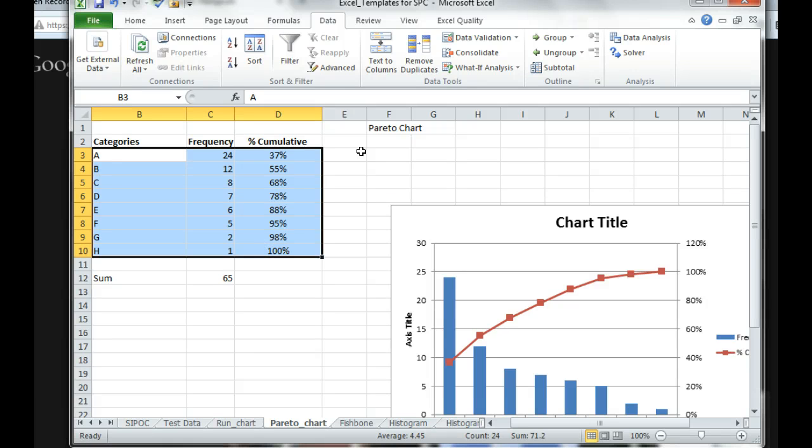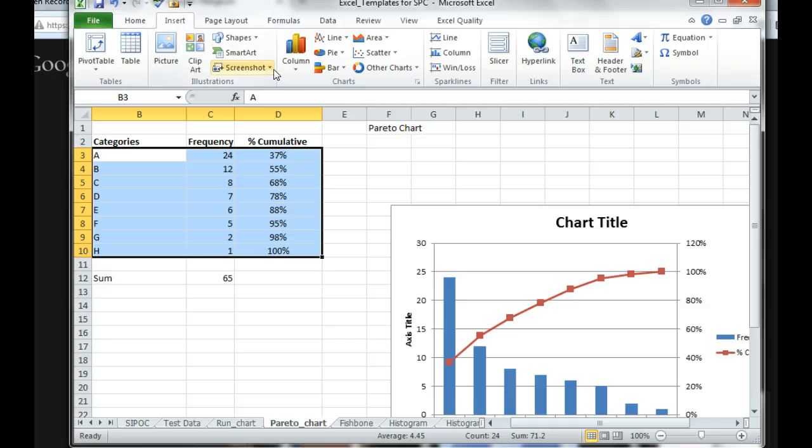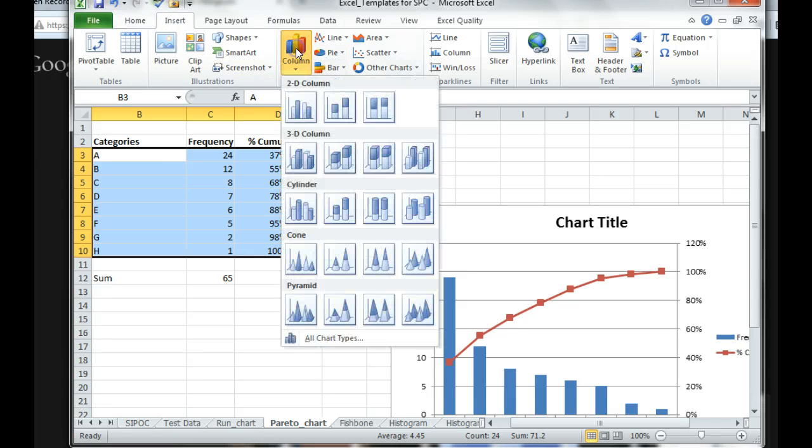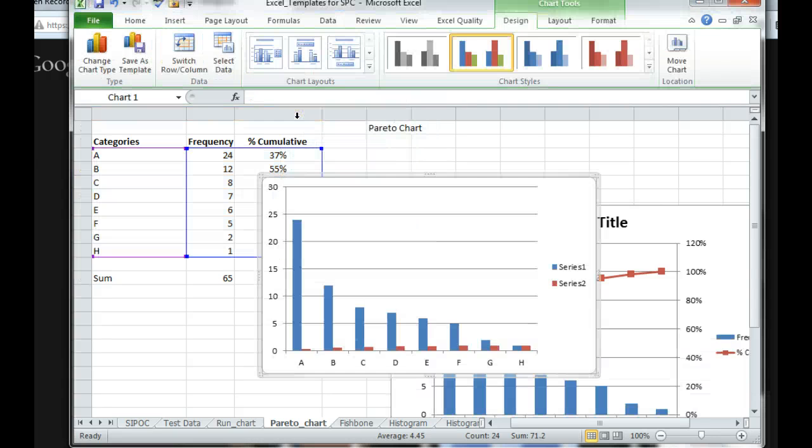So now I can highlight the data set, go to Insert again, and take the column chart, and I'm going to get this. Now we want the cumulative percentage to be on a different axis.